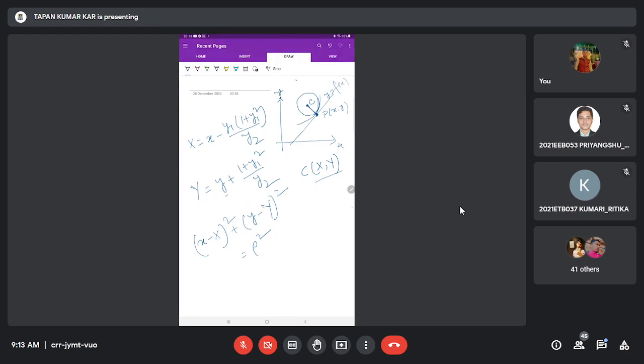Okay, next the length of the chord of curvature. In case of chord of curvature, we have to find the length of the chord of curvature.